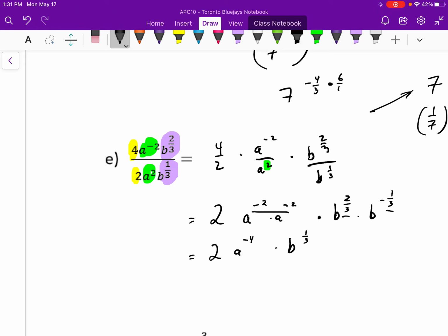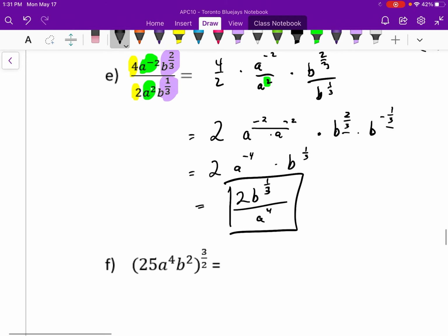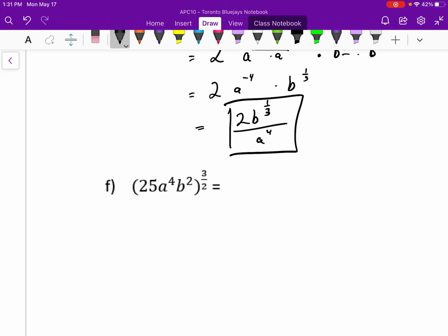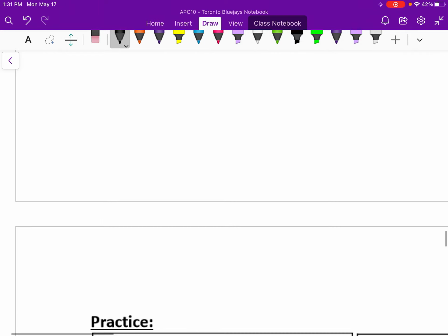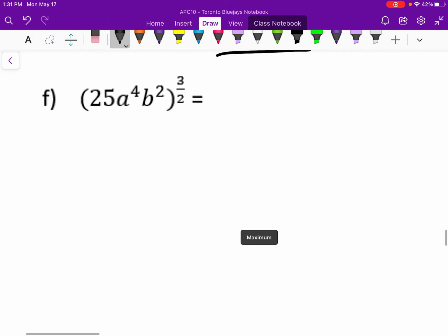I add those two exponents, and this is what we have. Now I'm almost here. I just need to make all my exponents positive. So really, in the numerator, I keep all my positive exponents. And in the denominator, I simply take the reciprocal of a. a to the power of negative 4 would be a to the power of 4. That wasn't so bad. Oh, gross. All right. I'm hoping this is the last example, and it is.